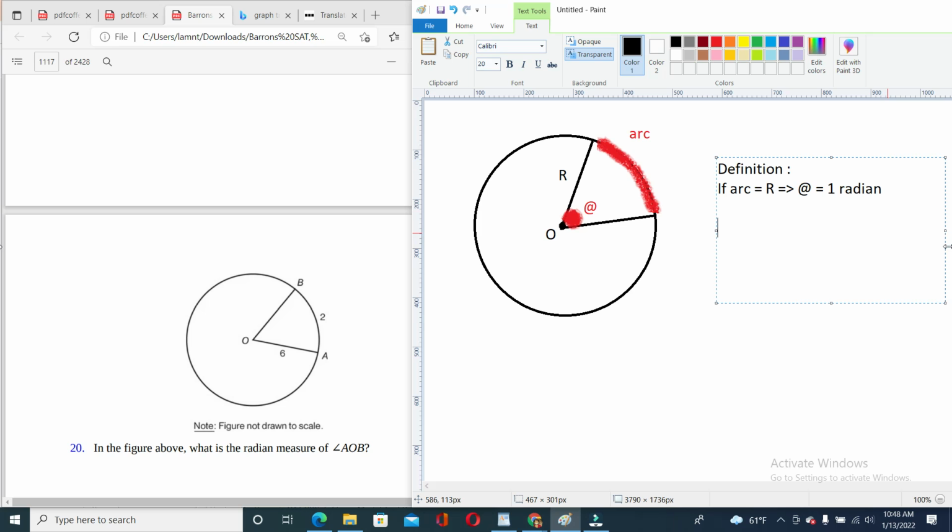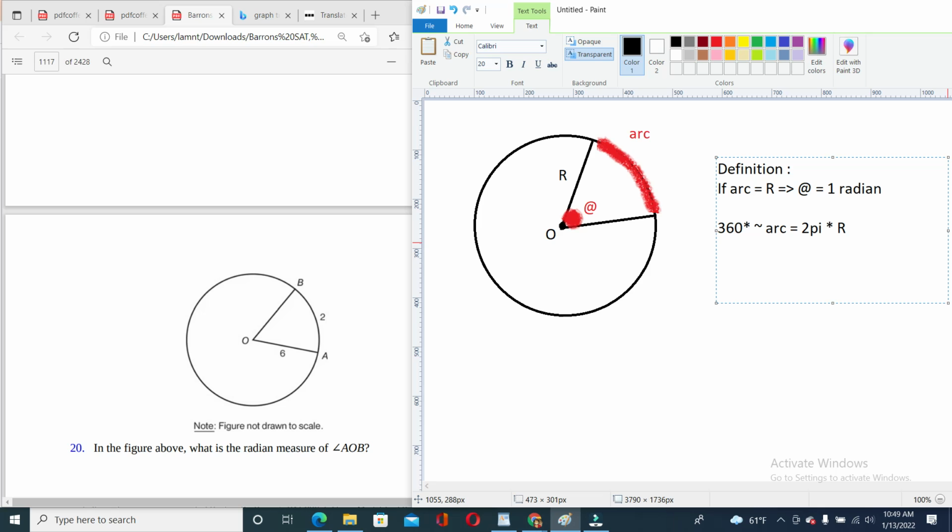We know that the whole circle is 360 degrees, and that is corresponding to an arc equal to 2 pi times r.